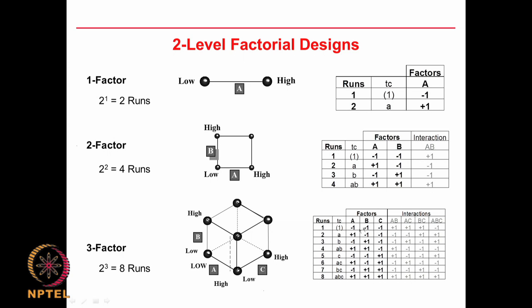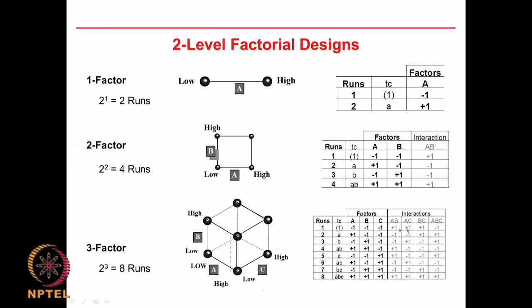For the AB interaction, you multiply the A and B columns, okay. Minus into minus is plus, plus into minus is minus, minus into plus is minus, plus into plus is plus, and the same pattern repeats. So, AC is column A into C, BC is B into C, ABC is all 3 together multiplied.